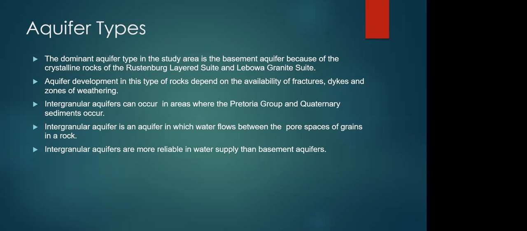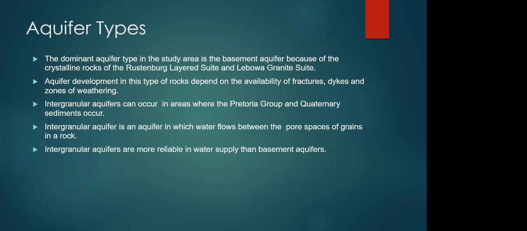These rocks have mineral crystals which are interlocked with each other such that water cannot move through them, so they have low porosity and permeability. Aquifer development in these types of rocks depends on the availability of fractures, dikes, zones of weathering, as well as contacts.